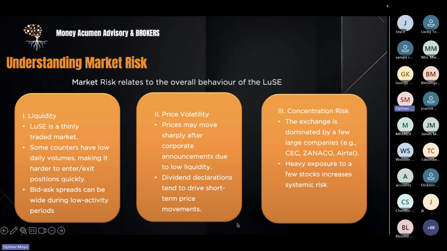So speaking of market risk, there are 3 categories we are looking at. First, there's liquidity risk. As we know, the LuSE is relatively a small market if we compare to our peers on the African markets or even globally. So this makes liquidity a big consideration.